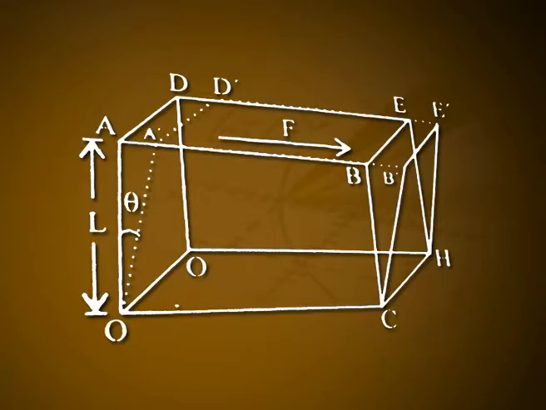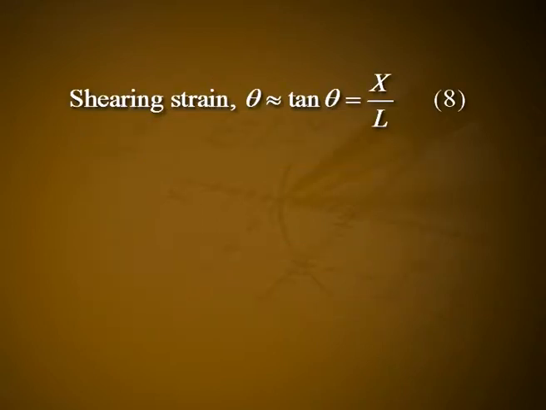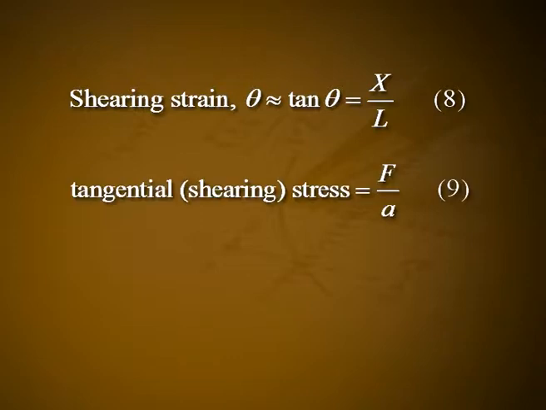If the lower face of a parallelepiped is fixed and tangential force is applied at the upper face of area A in figure 2, the shape of the parallelepiped changes and the strain is shearing strain, defined as the angular displacement in radians of any lateral section like OA along the direction of tangential force. Shearing strain theta is approximately equal to tan theta, which is equal to x divided by L. Let it be equation number 8.